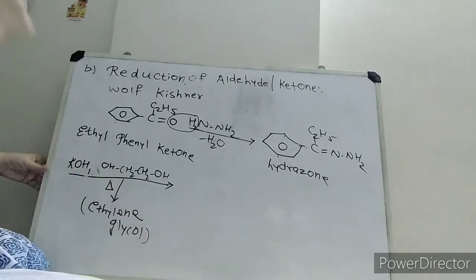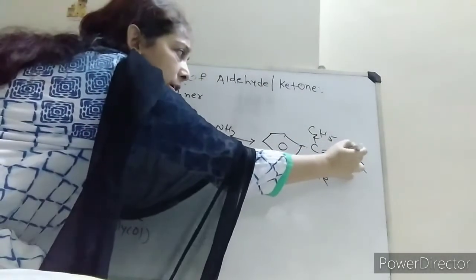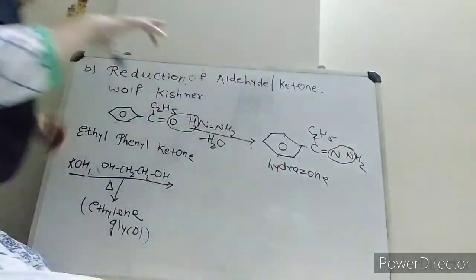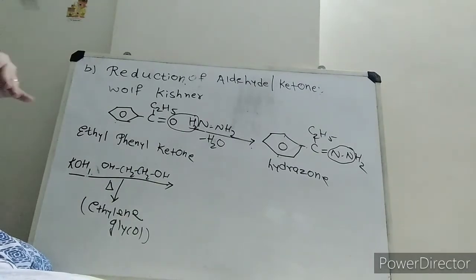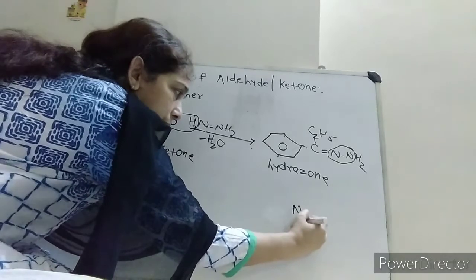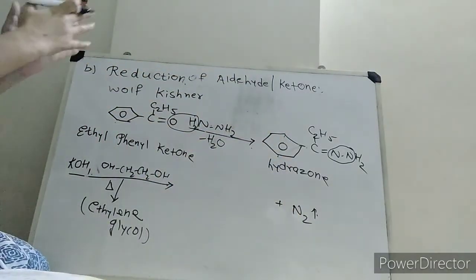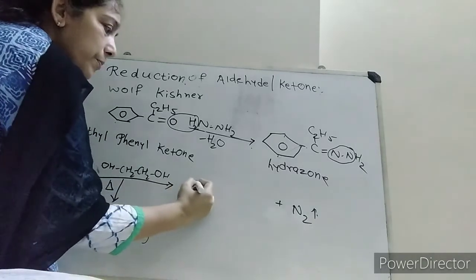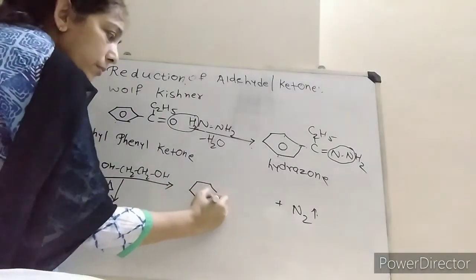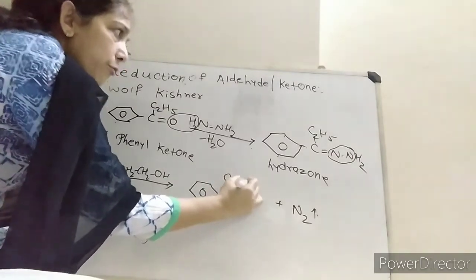When it is heated, there is removal of nitrogen. These two nitrogens are liberated as nitrogen gas. Whatever is left, we just have to join it. So what do we get? First C2H5.